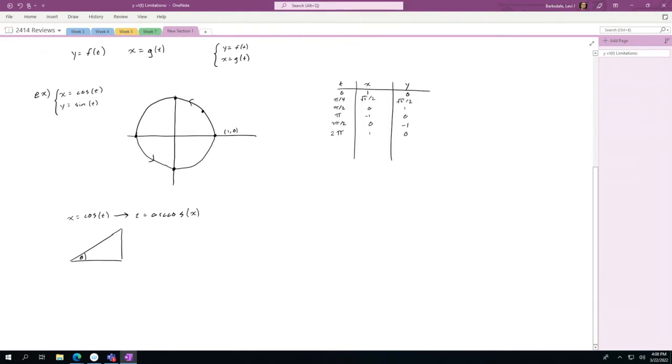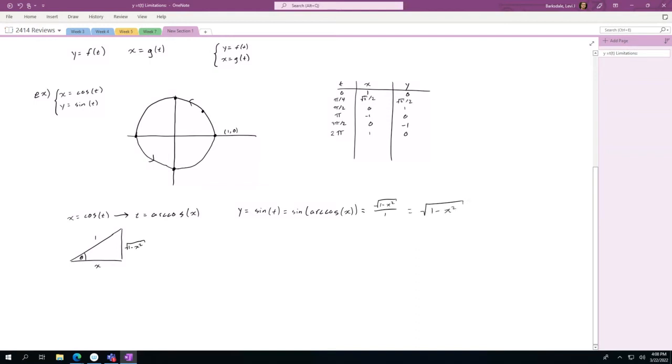Cosine is adjacent over hypotenuse, which means that y, which is the sine of t, is the sine of the arc cosine of x, which would then be equal to the sine of this triangle. So opposite over hypotenuse rather than adjacent over hypotenuse, which is cosine. I have the square root of 1 minus x squared over 1, which is the square root of 1 minus x squared.